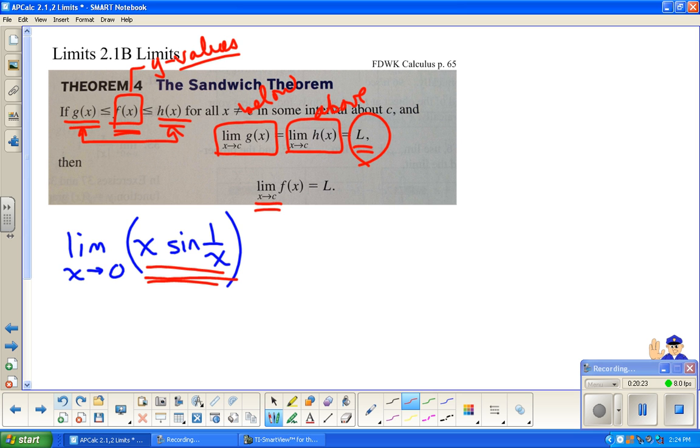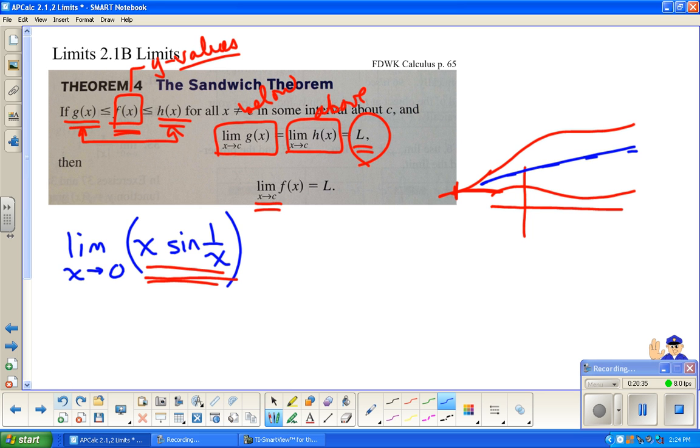The idea is that I have some function up here and some function over here, and somewhere along the line they come together, and if I can calculate that limit, and they are the same answer, then the function I'm actually looking at had to have the same answer also.